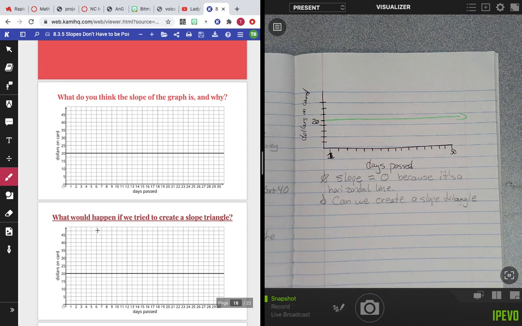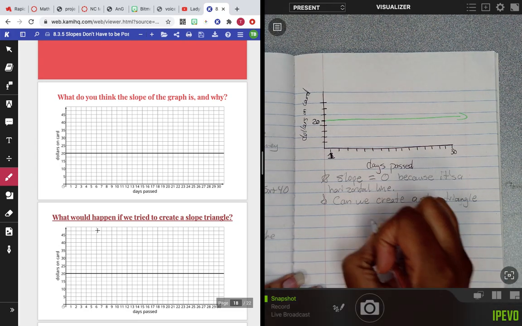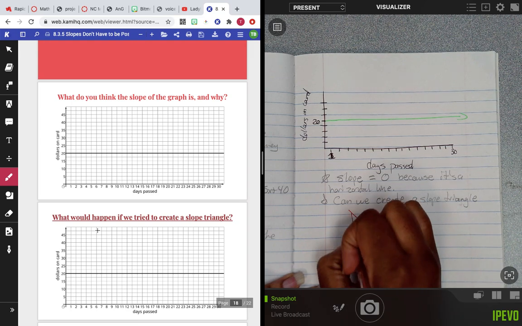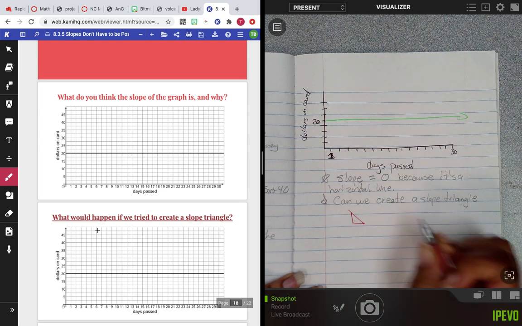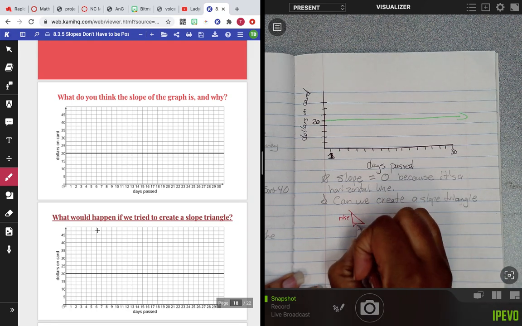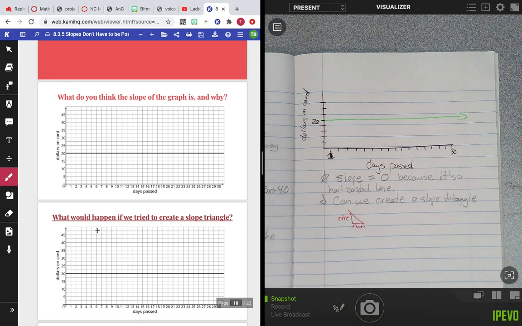All right, let's see. Well, in order to make a slope triangle, my slope triangle needs 2 things. It needs a rise and it needs a run. So I've got to see if I can do a rise and if I can do a run.